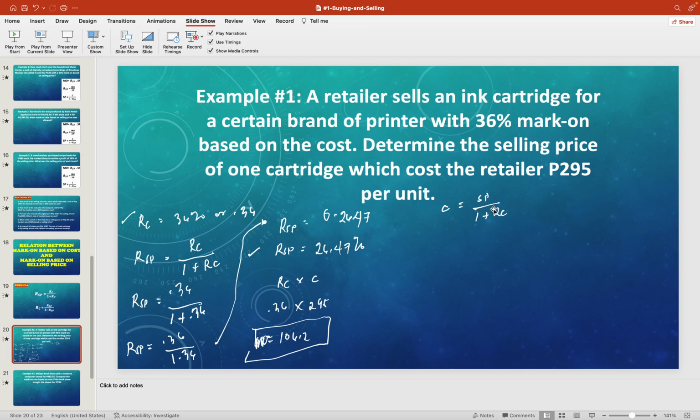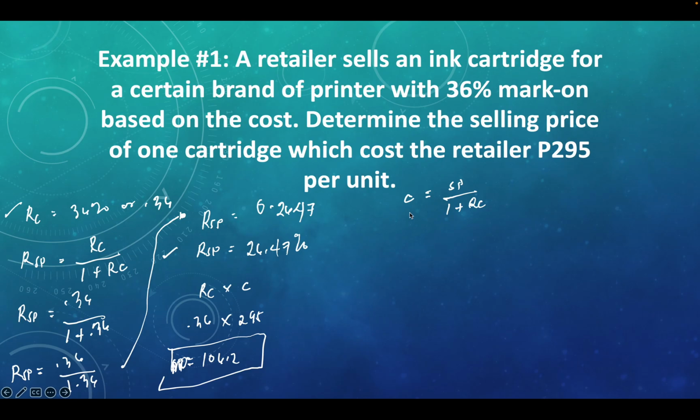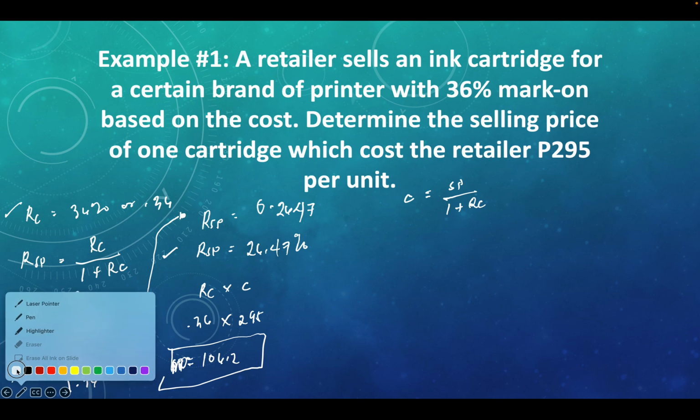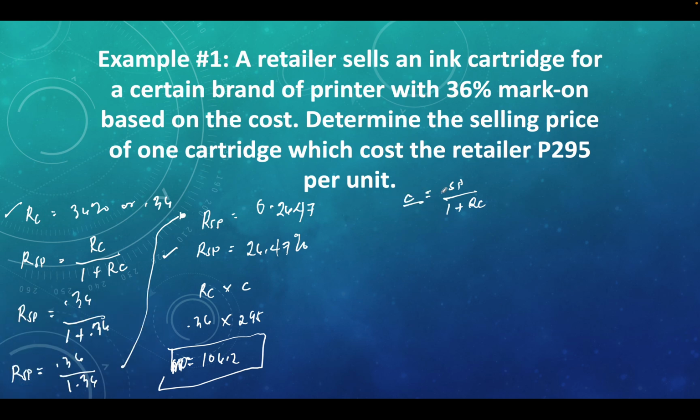From here, derive natin para makuha natin yung selling price natin. Cross multiply. So, selling price is equals to the cost times 1 plus RC.